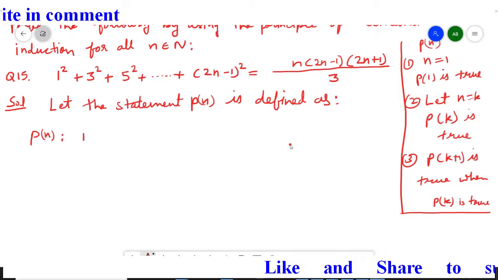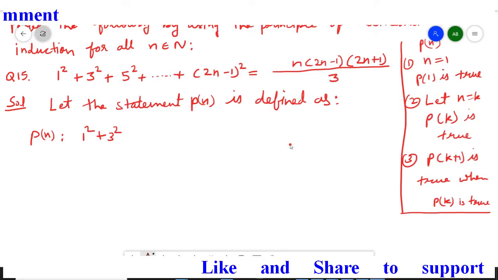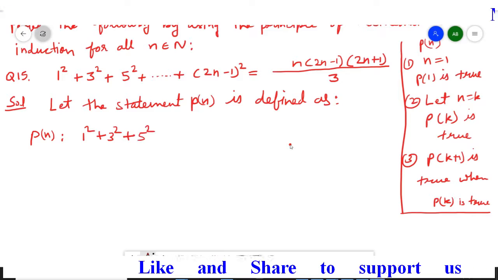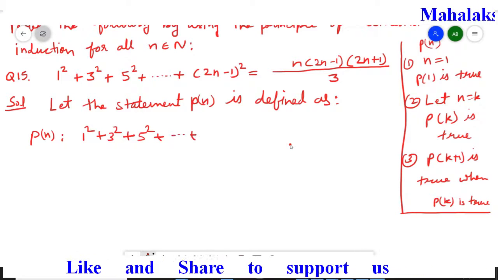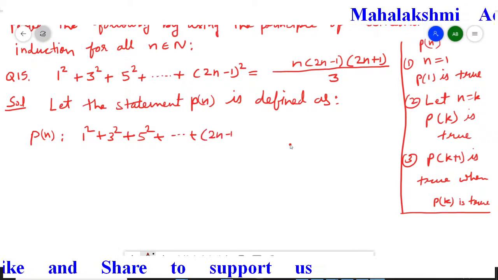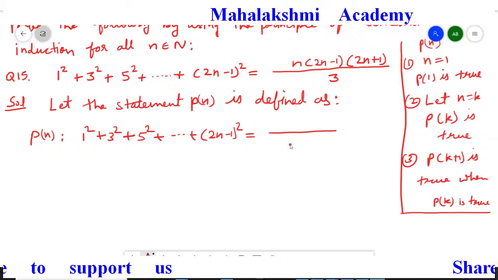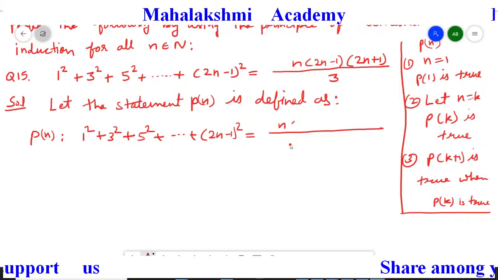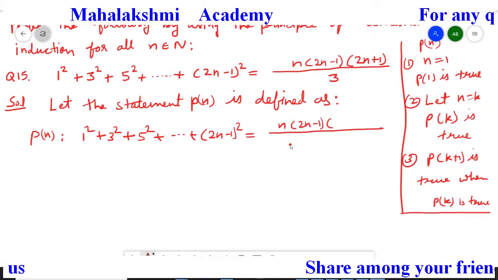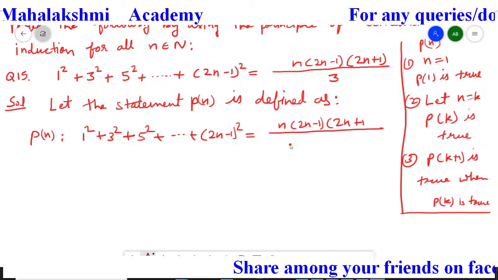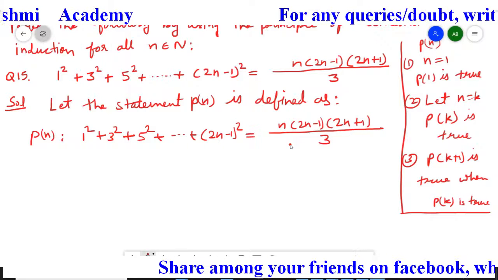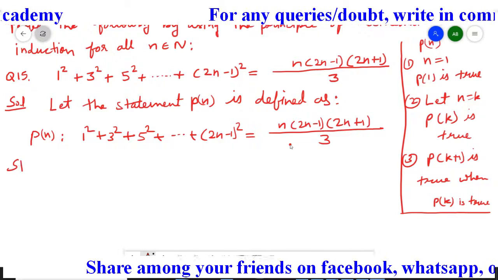Pn is 1 square plus 3 square plus 5 square plus extended up to 2n minus 1 whole square is equal to n bracket 2n minus 1 bracket 2n plus 1 and whole divided by 3.